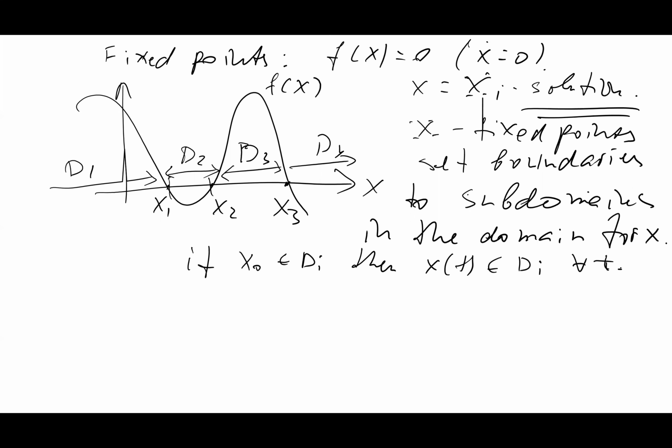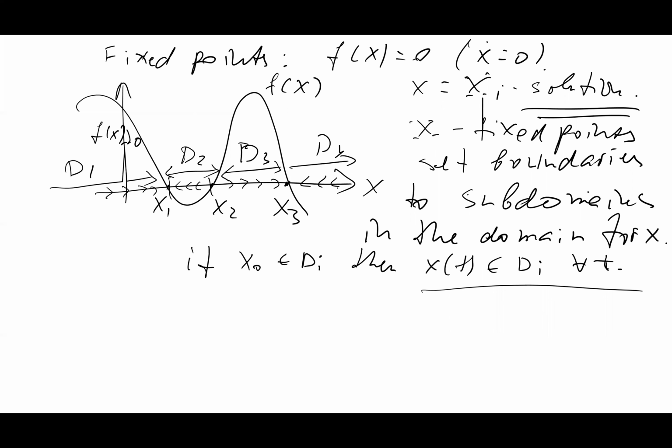So it doesn't leave these domains. This is the first observation. And finally, the last observation is what is going on inside of domains. For example, here the function is positive. Positive function means x dot is positive. X dot is positive means that x is increasing over time. So here we have an increase over time. Here the function is negative, and therefore x is decreasing over time. Here it's increasing over time, and here it's decreasing over time.